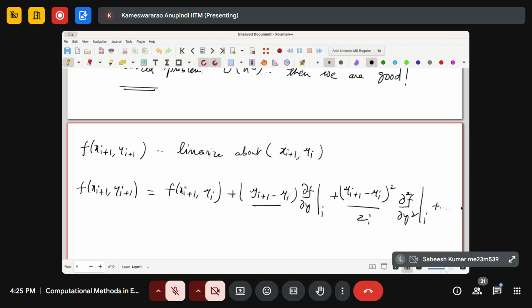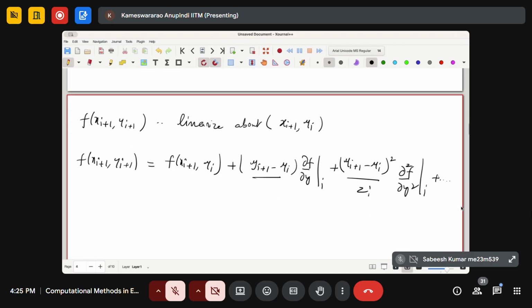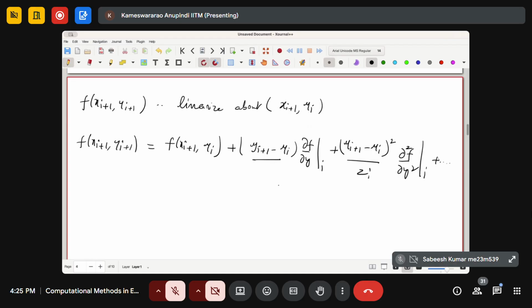Okay, so that's what we have. Now how many terms do we have to include in this to approximate f of x_{i+1}, y_{i+1}? So if you go back, we realize that essentially y_{i+1} minus y_i, this term is order h, right? If you have to expand y_{i+1} about y_i, you're going to write y_{i+1} equals y_i plus h times partial y by partial x and so on.